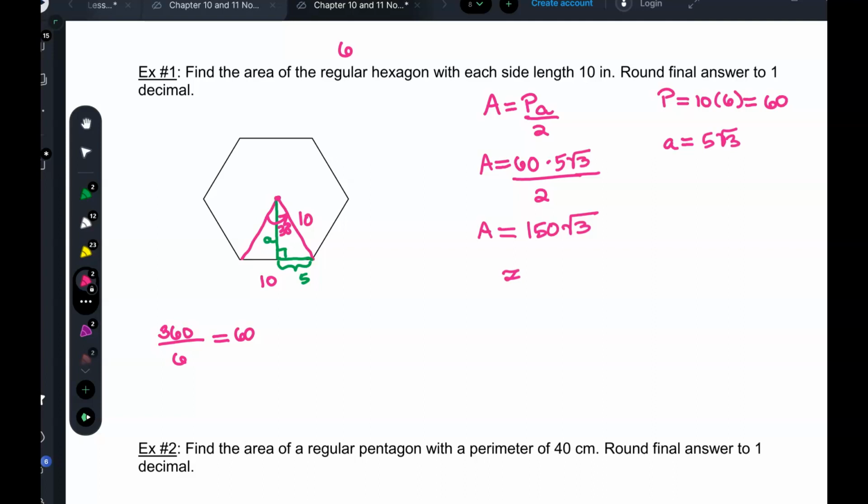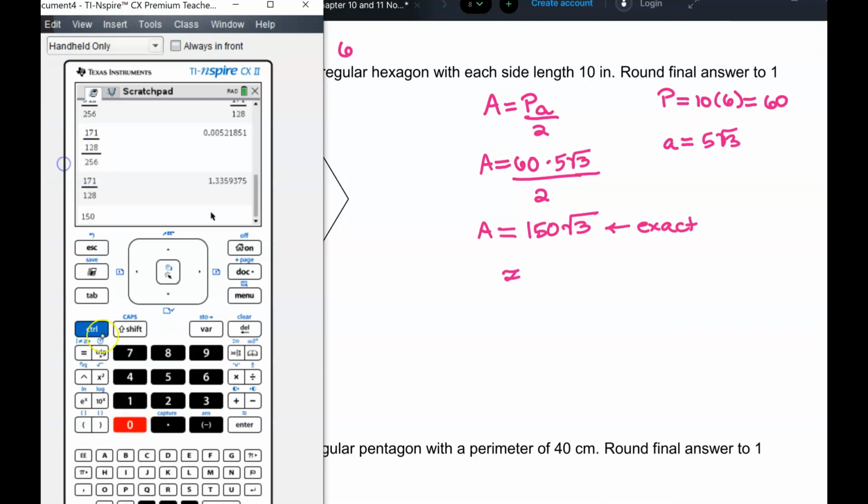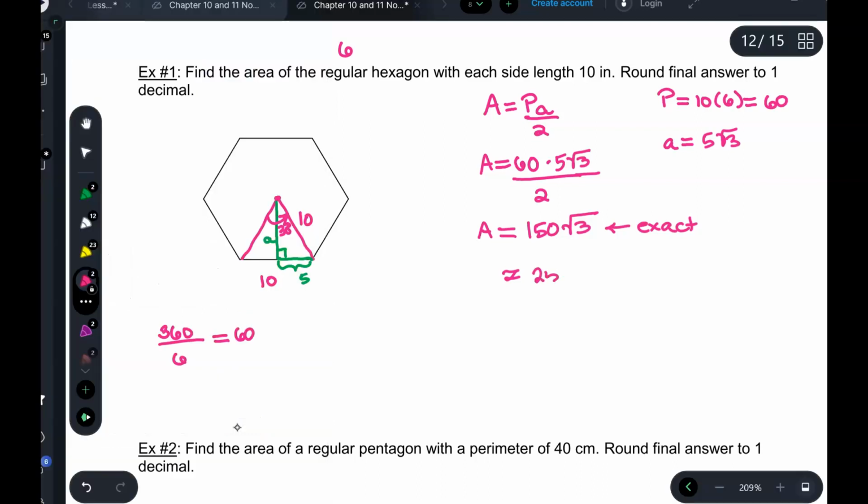If I asked you to write exact, then we would leave this. This is exact. But if I'm rounding it, we want 259.8, and the units were inches.